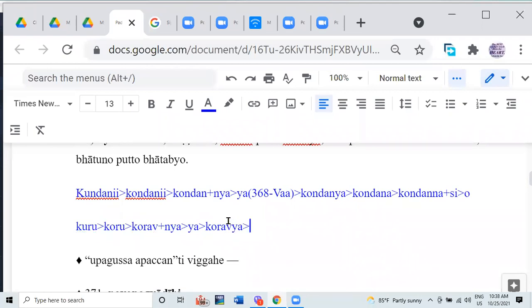Okay, Koravaya changes to Koravya. The wa changes to ba. Koravya. In Sanskrit, in Sri Lanka, instead of bya, they use waya. Koravya. Okay, the son of Guru.